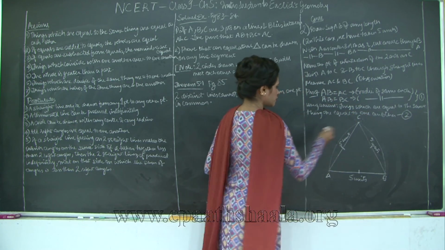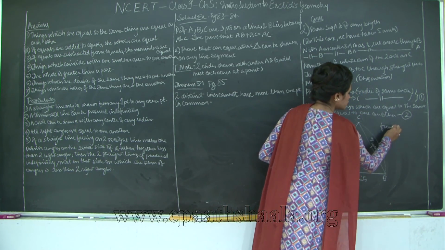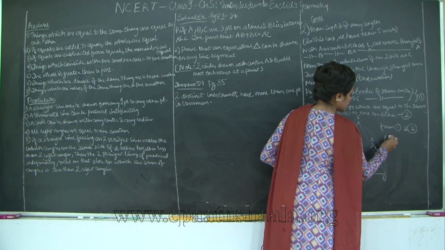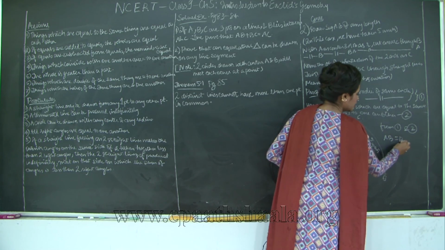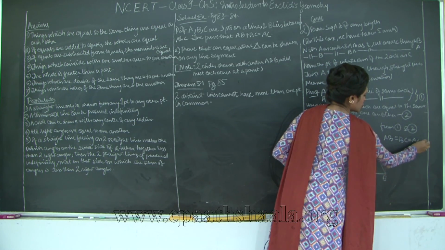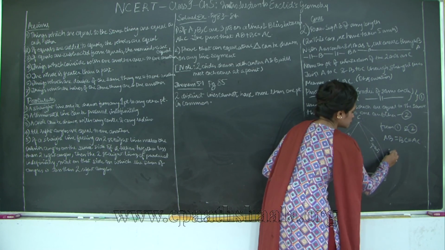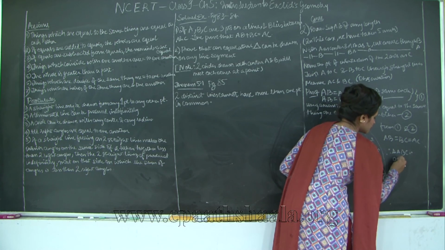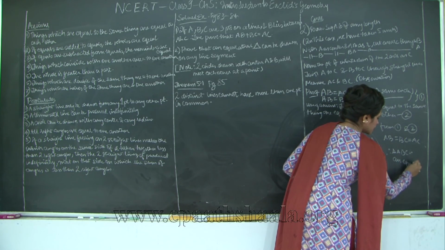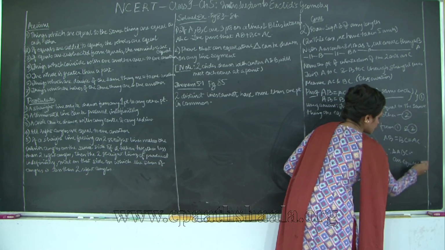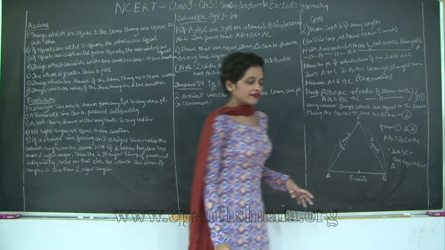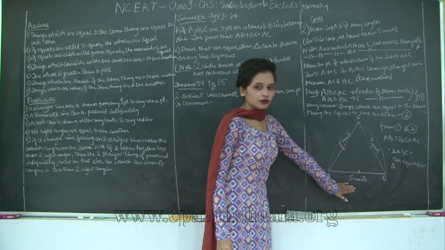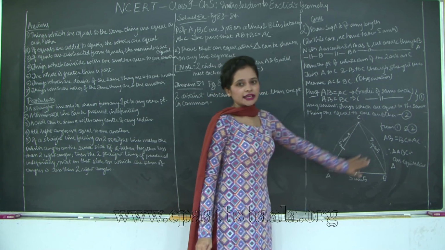What do I get? From 1 and 2, AB is equal to BC, which is equal to AC. Therefore, triangle ABC is an equilateral triangle. So what have we done in this sum? Using a line segment of any unit, in our case 5 units, we have drawn an equilateral triangle.